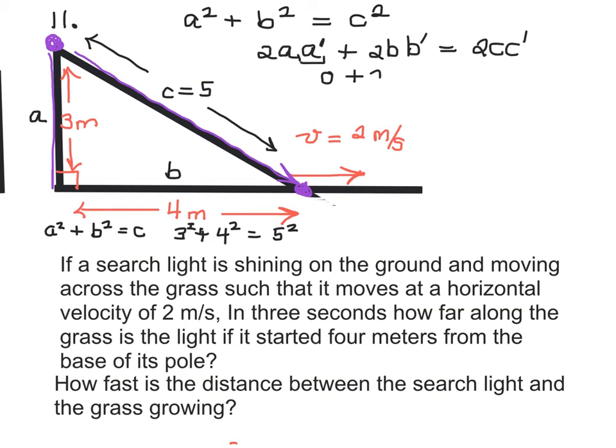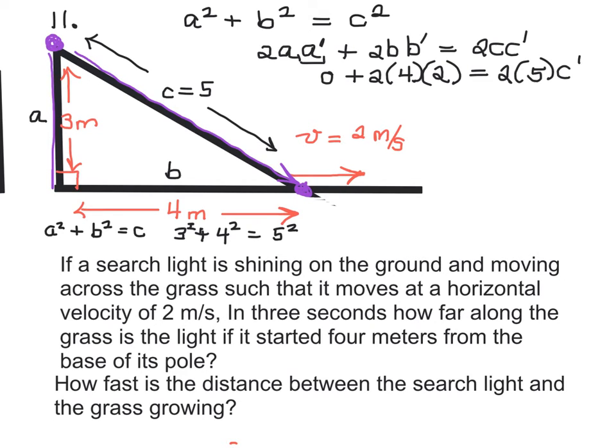And then we have 2b, and b is 4. And b prime is the change in b with respect to time, which is 2 meters per second. And then we have 2 times c. C is 5. And this is what we're looking for. We're looking for c prime.